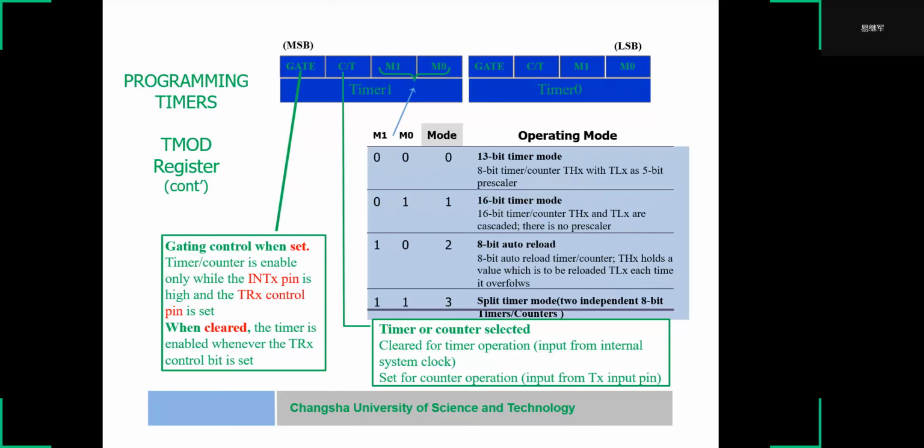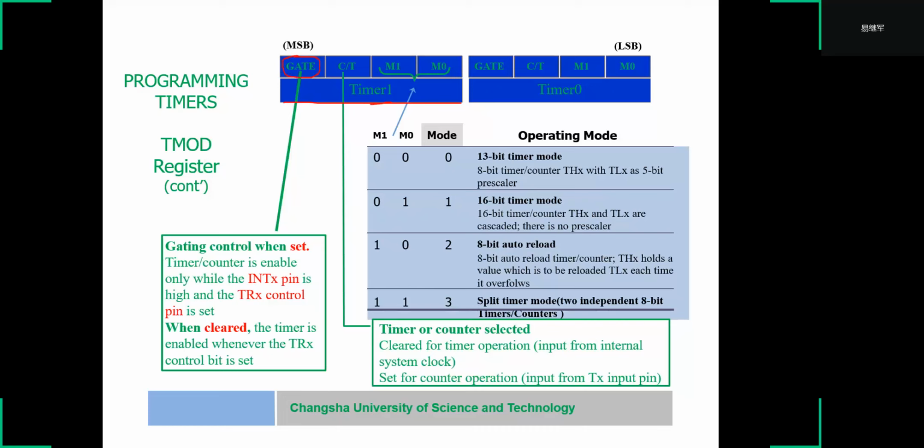T mode, the high 4 bits for timer 0. This one is for gate, the gating control.